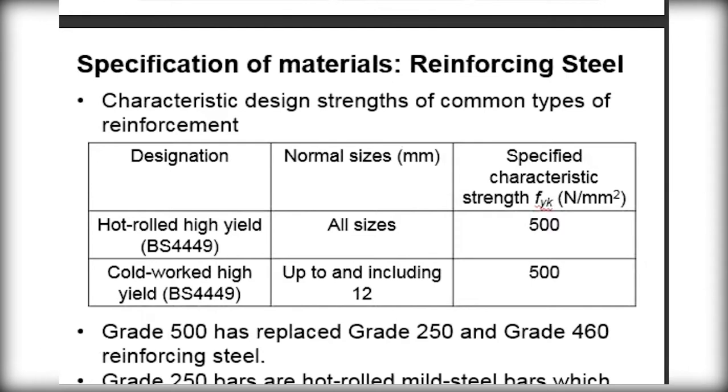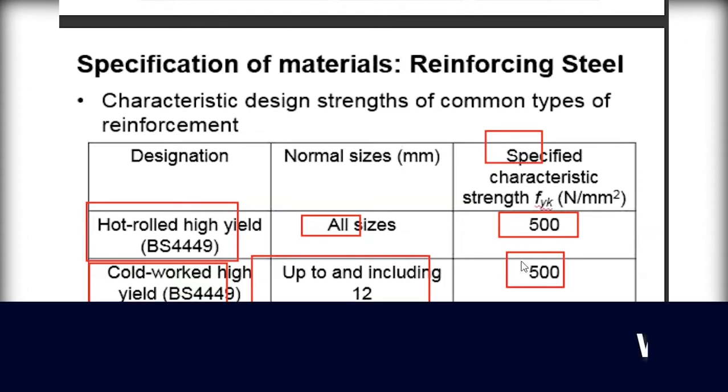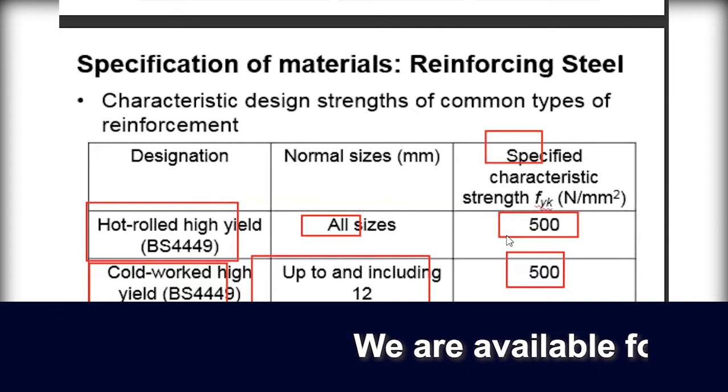Now the steel, specification of the steel, whether it is hot or cold. For all sizes you can look at the specification and the characteristic strength. In BS you can use up to 460, but in Eurocode it is recommended about 500 Newton per millimeter square, and this is the characteristic strength for the steel.